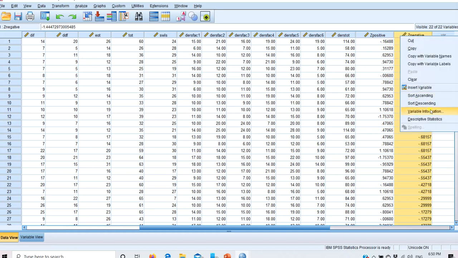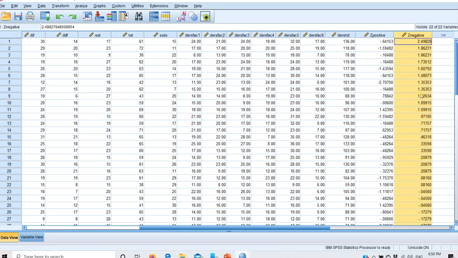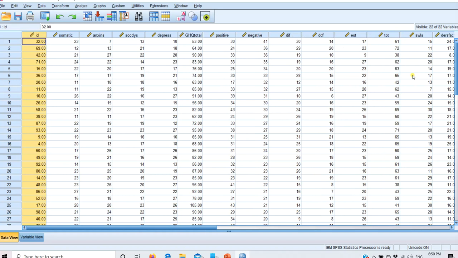Now again descending. So this is 2.498, still less than 2.5. So at best we can remove one case, the case number 20, the ID number 20.